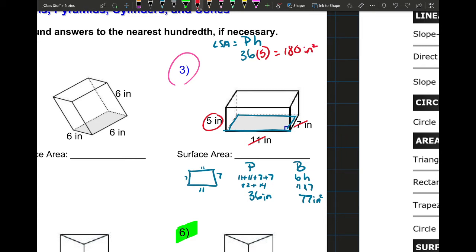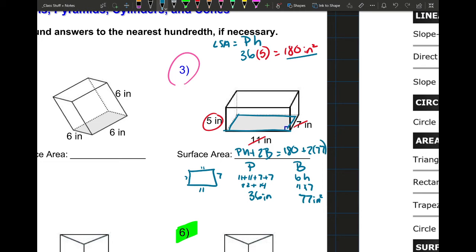Now to find the total surface area, we're gonna do PH plus 2 times the area of the base. Well, I already know PH. PH is 180. So this is going to be 180 plus 2 times the base, right? Which is 2 times 77.